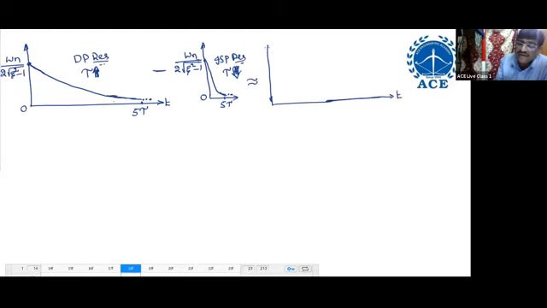If I draw it, C of t rises like this and decays exponentially.